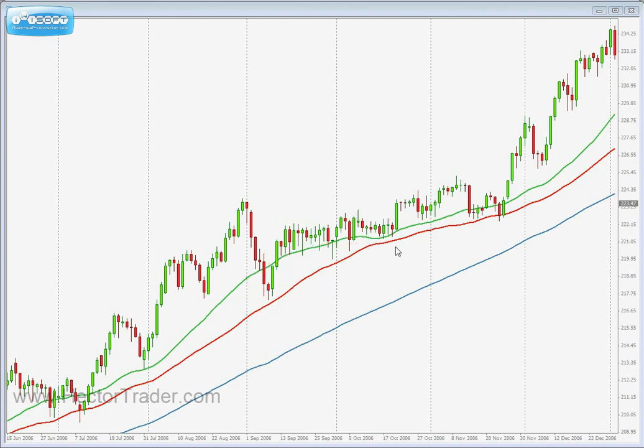Seems like the market lost a little bit of momentum there, a little bit of steam, but nonetheless, even though we lost momentum and were moving sideways, please keep in mind that the dynamic area of support was never breached.